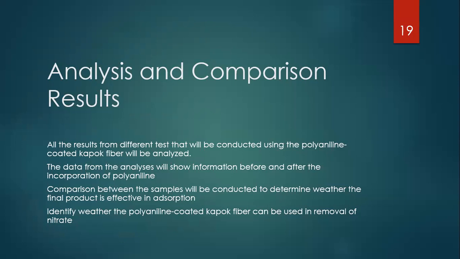The data from the analysis will show information before and after the incorporation of polyaniline, and the comparison between the samples will be conducted to determine whether the final product is effective for absorption. Then we will identify whether the polyaniline coated kapok fiber can be used in the removal of nitrate. That's all. Thank you.